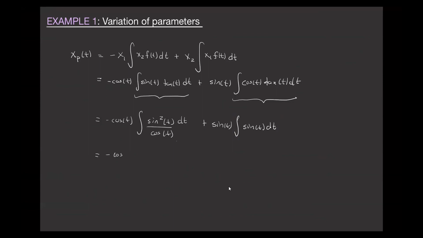Oh, I know how to do this. And we have negative cosine t. And let's see, how do I want to write this? I'm going to rewrite it like so. Sine squared is 1 minus cosine squared. Yeah, there we go. For a second, I was worried that I wouldn't remember.